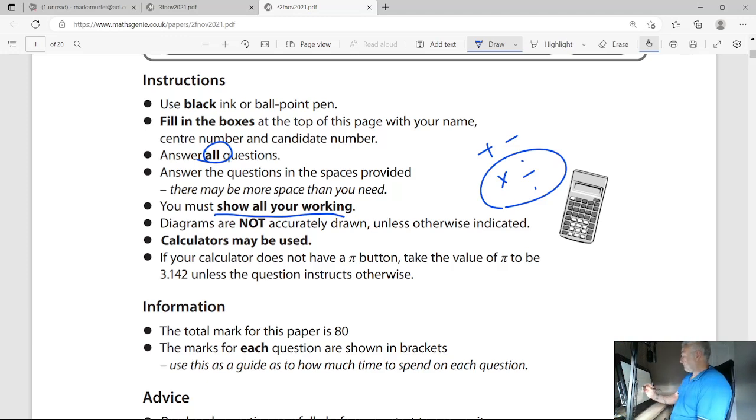It says diagrams are not accurately drawn unless they tell you they are, so treat it as if they're not accurately drawn. And obviously the pi button, as it says on the next one: if your calculator does not have a pi button, if you've got a scientific calculator, it will always have a pi button. On this calculator, pi is on the bottom X10X button.